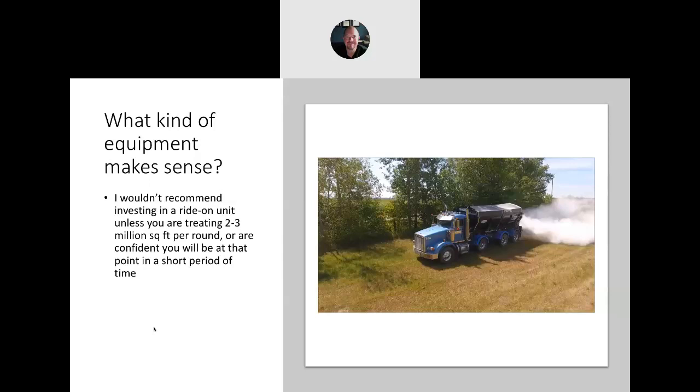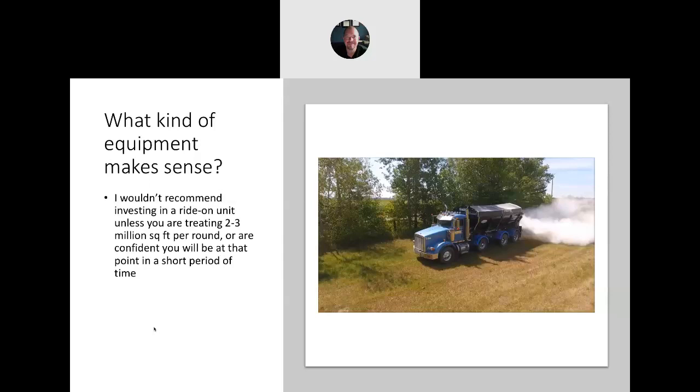You're not going to probably see this too often, but it illustrates a point that you want to make sure that you're not oversizing your equipment for what you're doing. So typically, when it comes to ride-on units like Z-Spray, Steel Greens, or similar type units, I wouldn't really worry about investing in one of those unless you're treating at least 2 to 3 million square feet per round, or that you're confident that you're going to be at that point in a short period of time, because it's a lot of money to lay out.